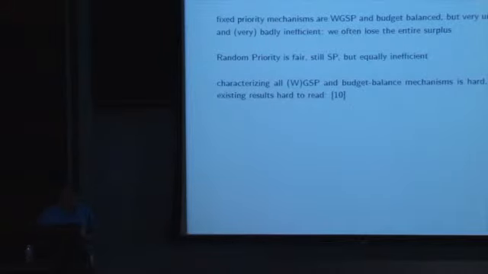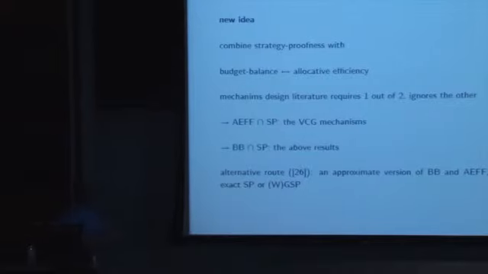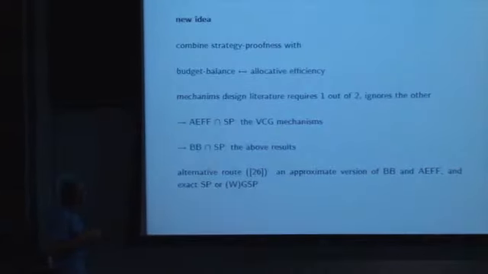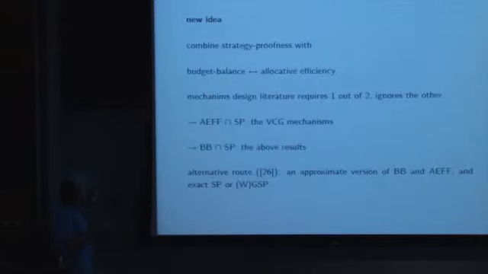They are rather complicated, so I'm not going to go through them. But the type of new idea which seems to be very promising is to actually relax the budget balance assumption. In the traditional mechanism design literature, you are concerned with two types of things.